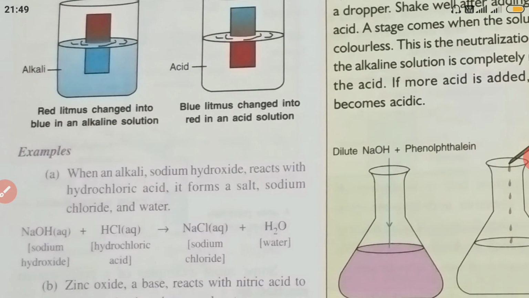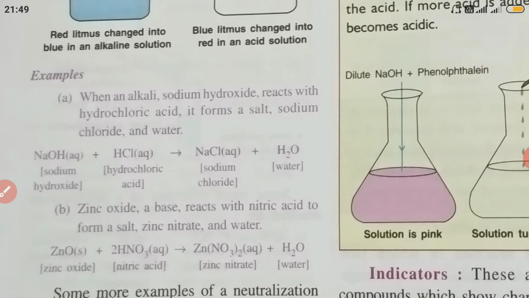A few examples: when sodium hydroxide, an alkali, reacts with HCl, which is an acid, it gives sodium chloride, which is a salt, and water.